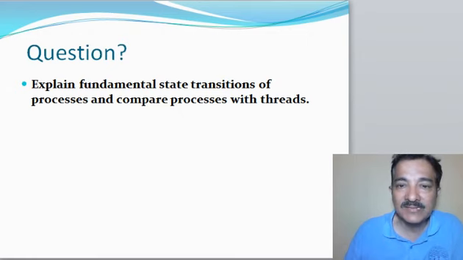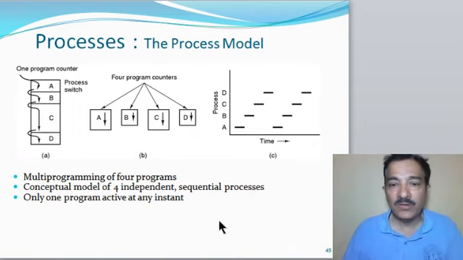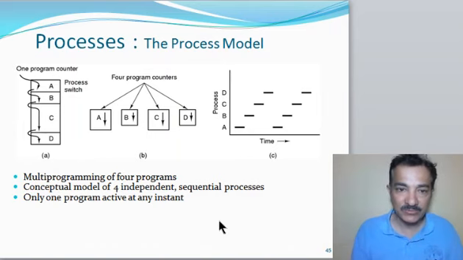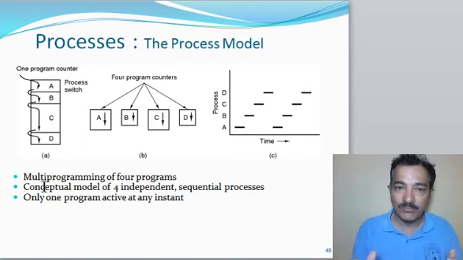Explain fundamental state transition of processes and compare process with threads. Now, if there are four processes A, B, C, and D, and if you are using a processor with a single CPU or a single core processor, then a single core processor will have only one program counter.